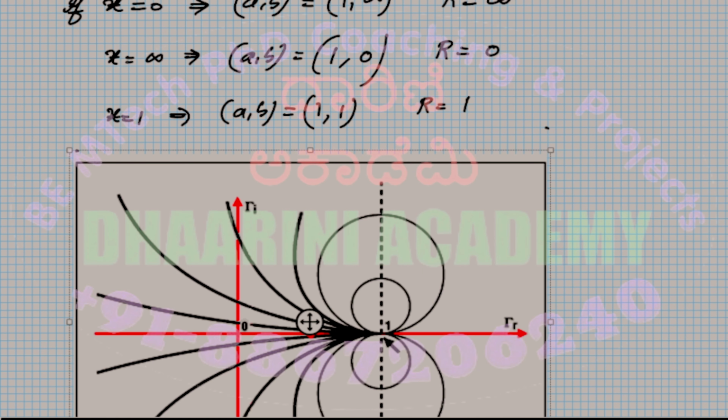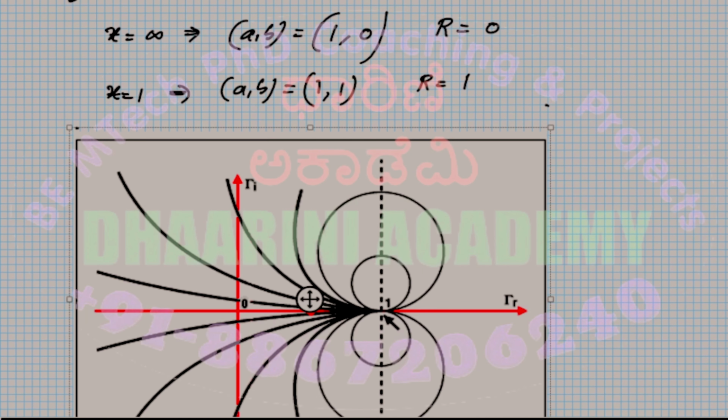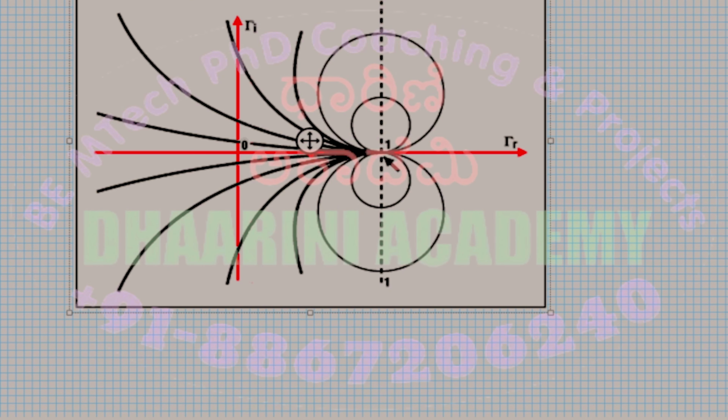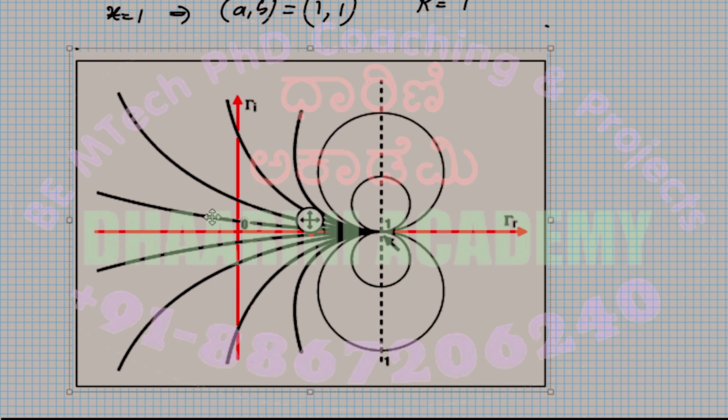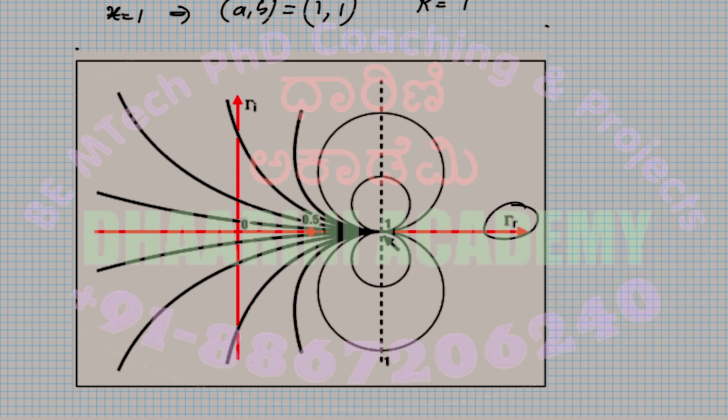Now you look at this. Right. So the horizontal line, that is a red colored line, which is our gamma r line, that itself is going to be the circle corresponding to x equal to 0.